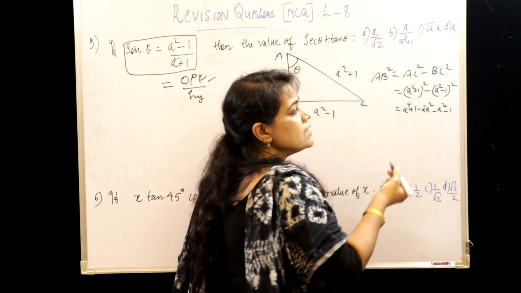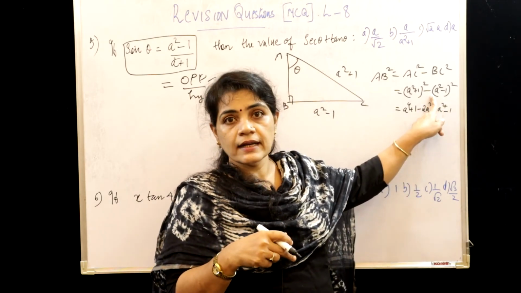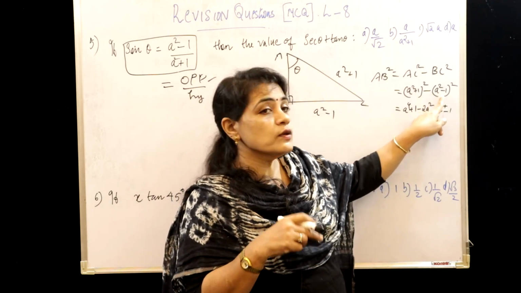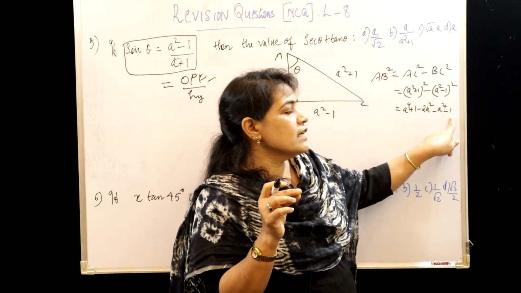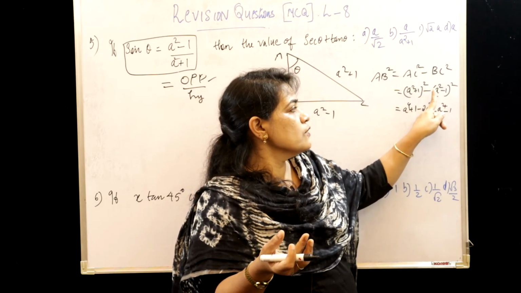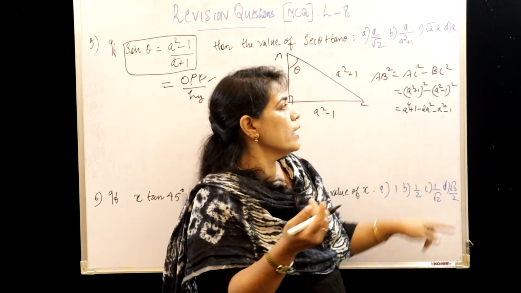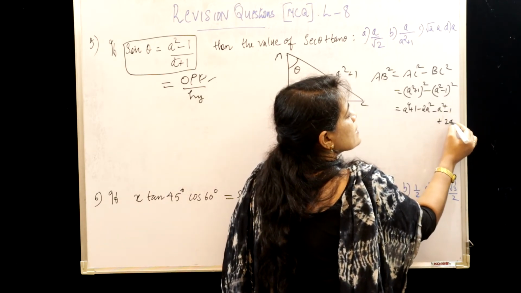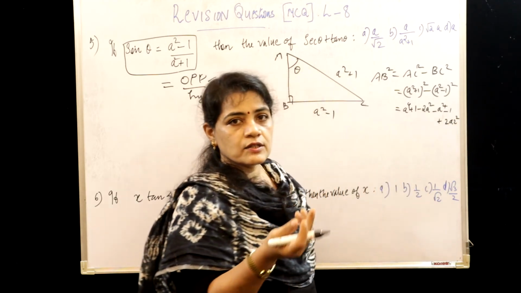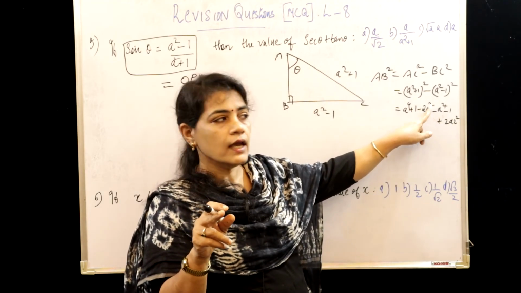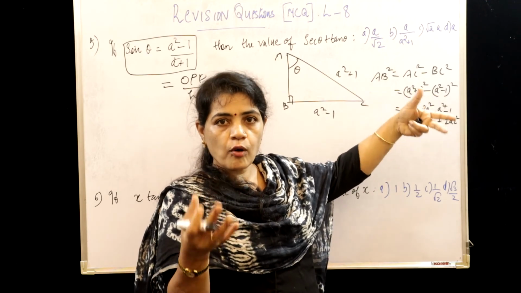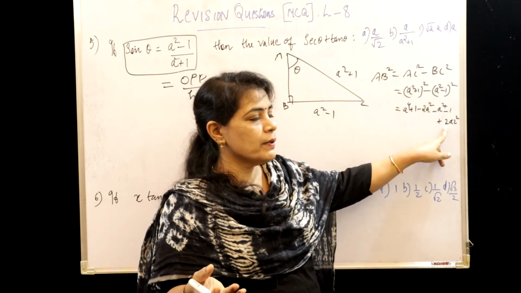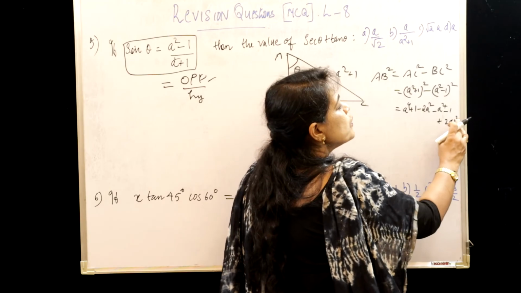Because I opened this bracket, outside the bracket the sign is negative. So actually the sign of the square term is plus 1. So minus, if you multiply, that will be minus 1, plus 2a square. If you open the bracket, that minus becomes plus, so plus 2a square.